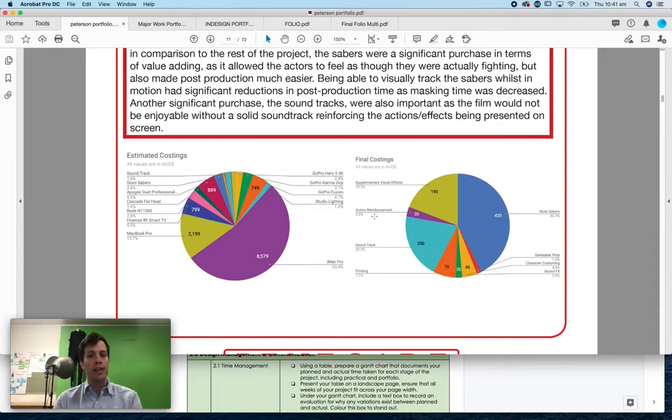Then you have a second chart which shows your actual final costings. So we can see that the stunt sabers here are 2.6% of the estimated cost, a nice little wedge here. But actually they ended up being 42% of the cost. So looking and comparing those two charts, we can then have something to write about in our evaluation to make it much more rich in a way that we wouldn't have if we didn't put it into those charts.